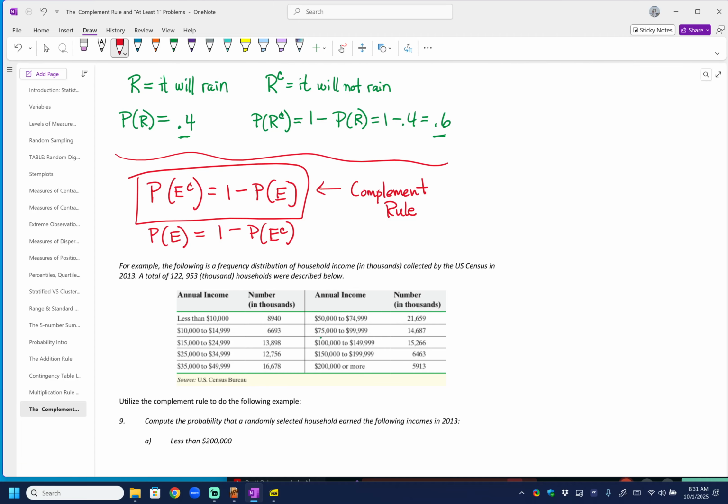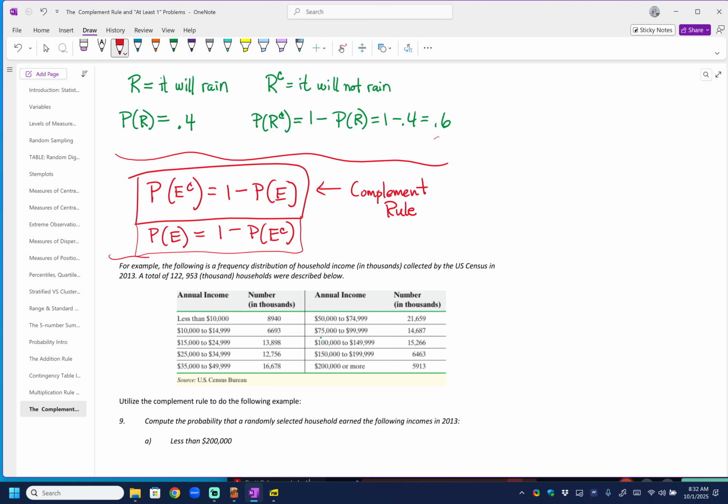This should make sense because if we switched this 0.4 and 0.6, then 0.4 is also equal to 1 minus 0.6. The reason I put this up here is that sometimes problems can look a little confusing when you're putting the event in and its complement, but just realize that either one of these is legal in terms of using complements.